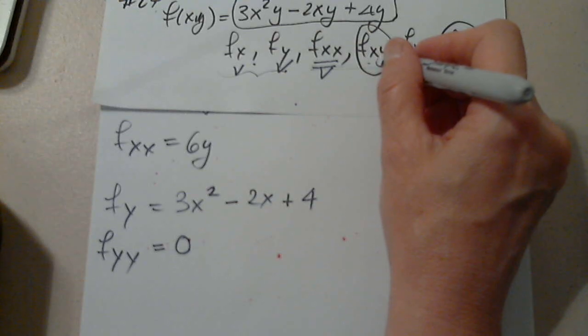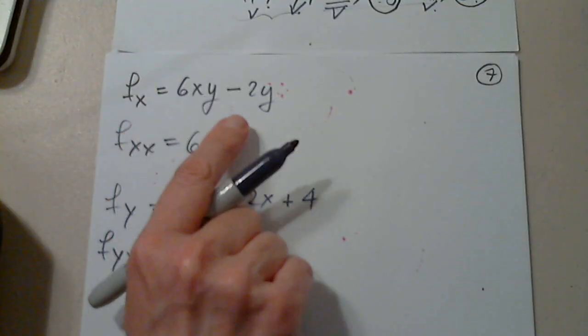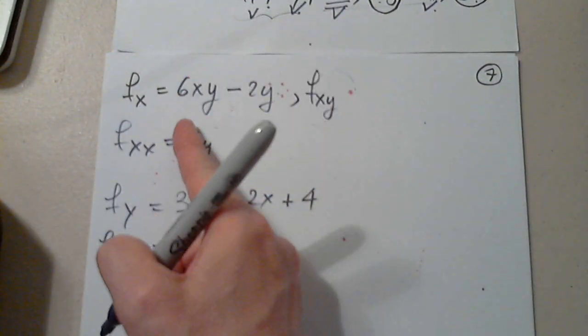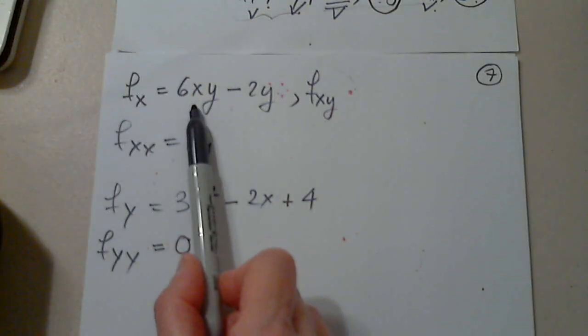Now I want to determine fxy. I go back to fx, and now I differentiate this with respect to y. It's already differentiated with respect to x. Now we differentiate with respect to y.